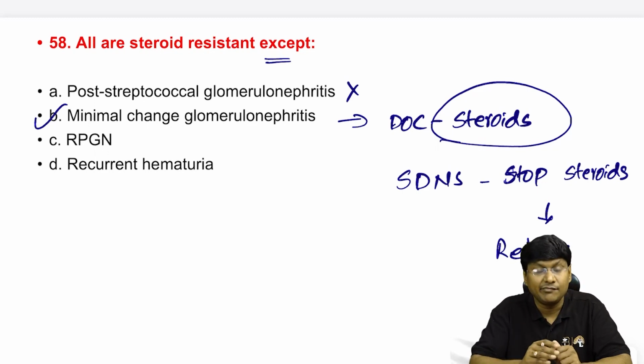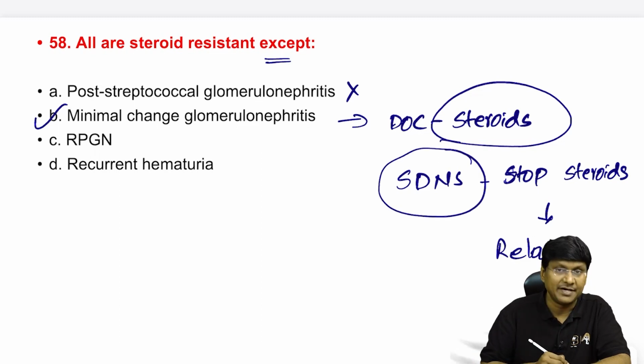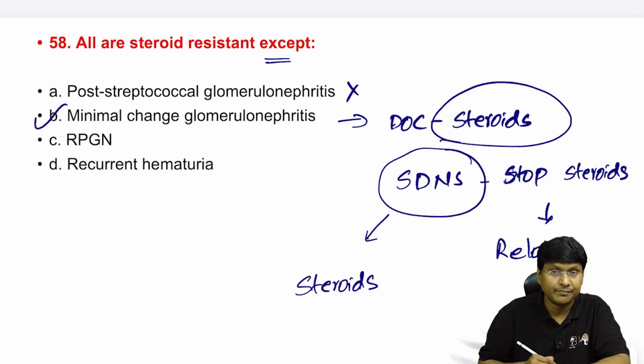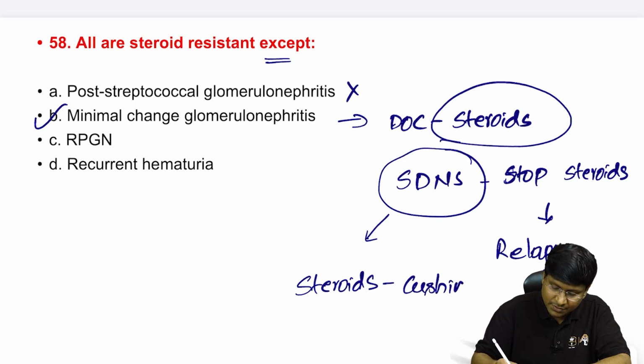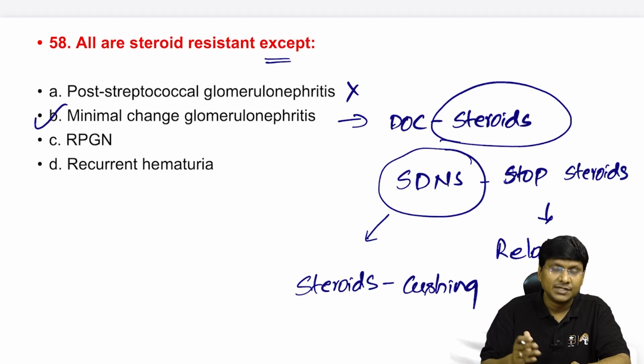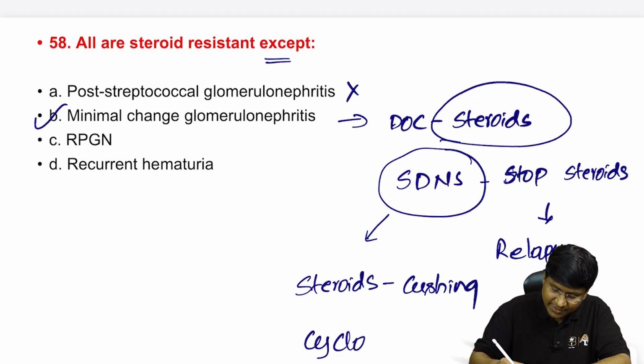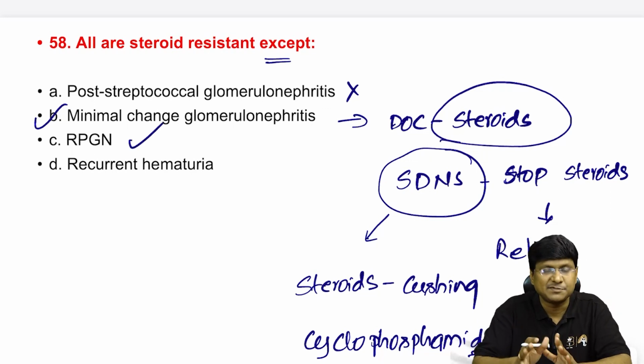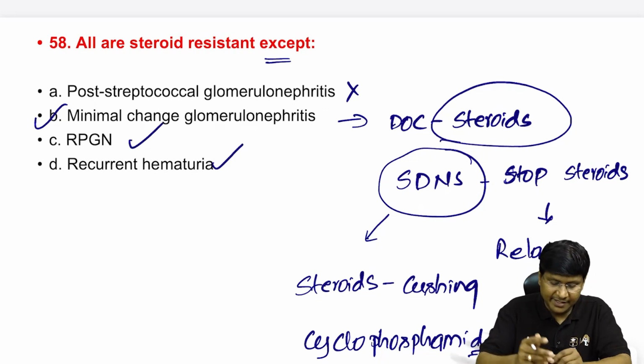In these patients you need to give a prolonged period of steroids, and whenever you are giving steroids for a longer time, these patients can develop Cushing syndrome. So how can you avoid this Cushing's? The alternative immunosuppressant that you can give is cyclophosphamide.